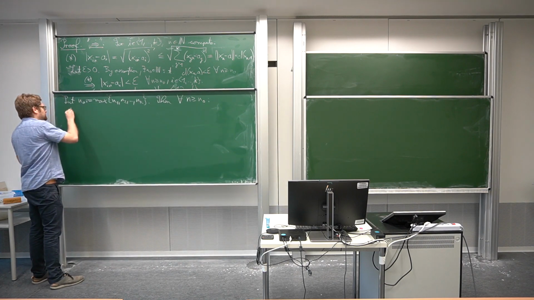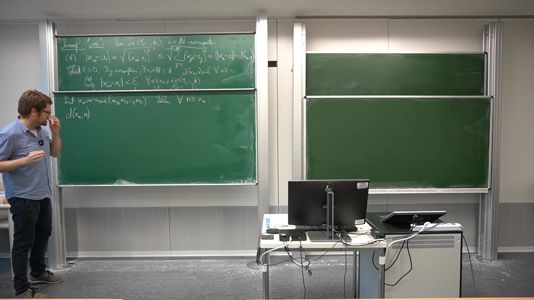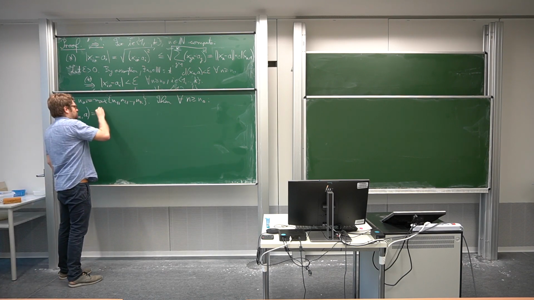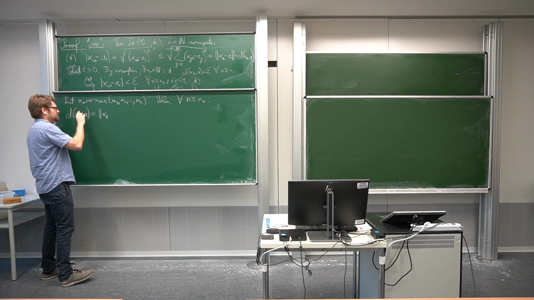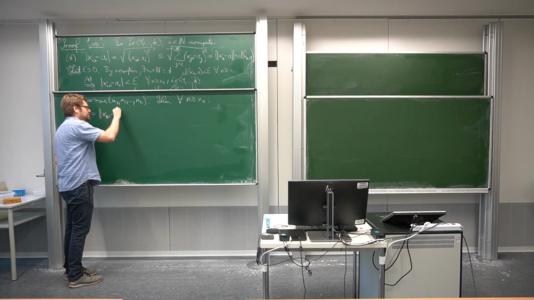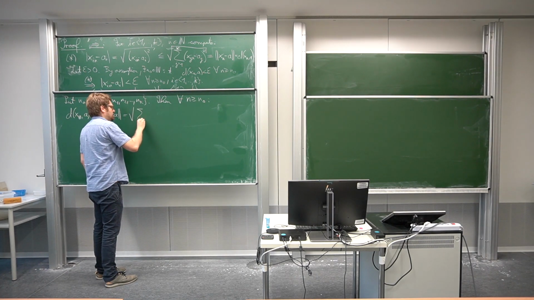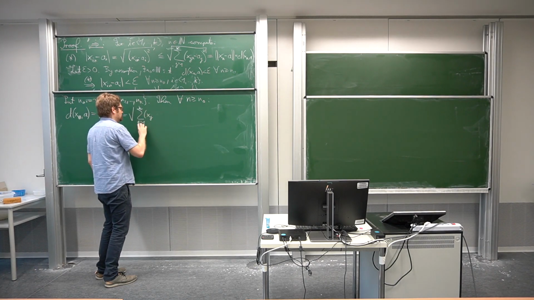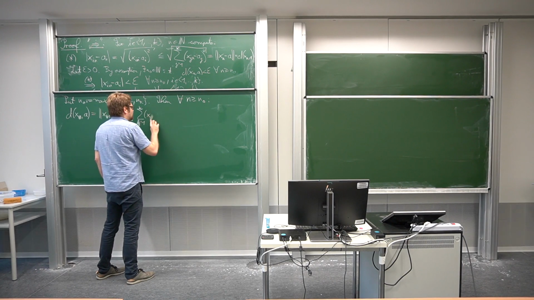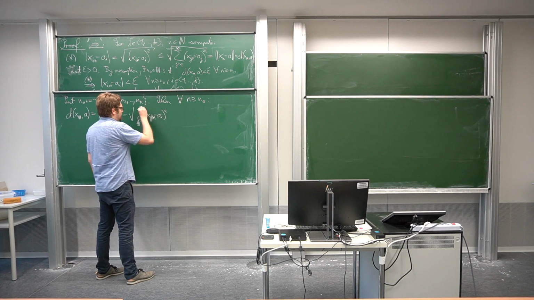We compute the following: d of x_n, a, and this is the guy that needs to become small if we want convergence of the sequence x. This is the Euclidean norm of x_n minus a. This is the square root of the sum from 1 to k of (x_i^n minus a_i) squared.